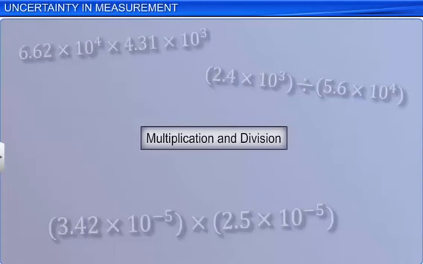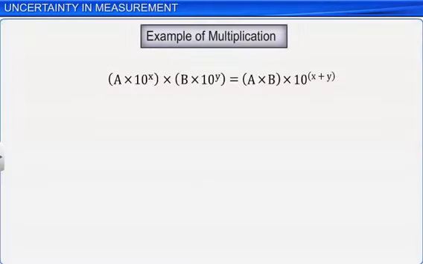Now let's see how to multiply and divide numbers written in scientific notations. To multiply two numbers, first we add the exponents and then multiply the coefficients. For example, to multiply 2.4 multiplied by 10 raised to the power of 3 with 5.6 multiplied by 10 raised to 4, first add the exponents and then multiply the coefficients as shown.